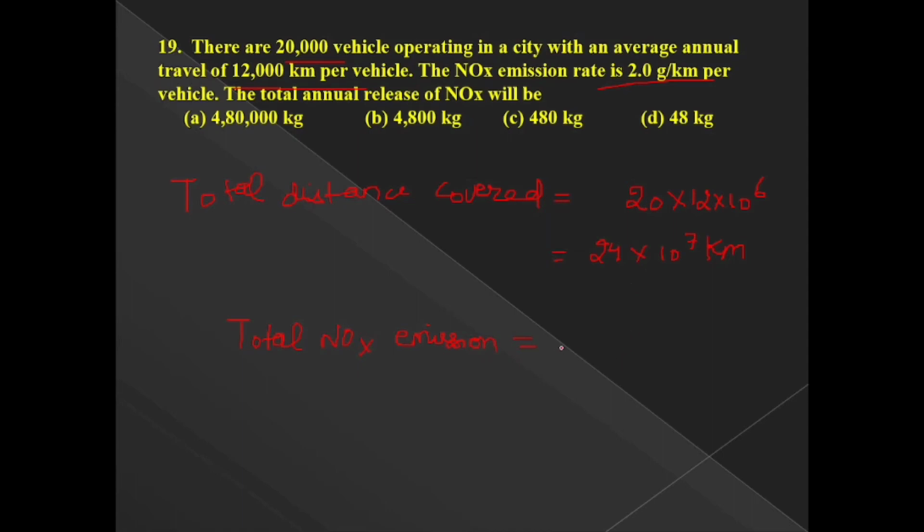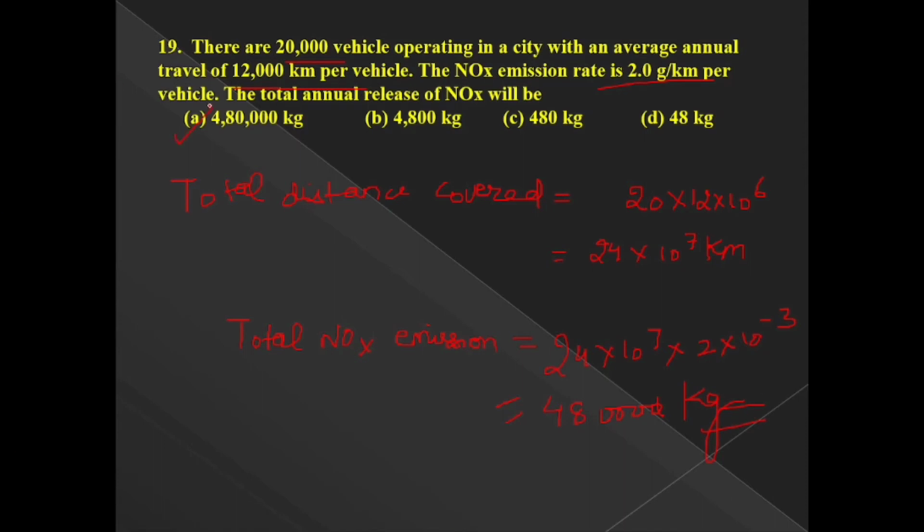So 24 into 10 to the power 7 into 2 into 10 to the power minus 3 kilograms is equal to 4800 kilograms. This is our answer. So option number A is the correct option.